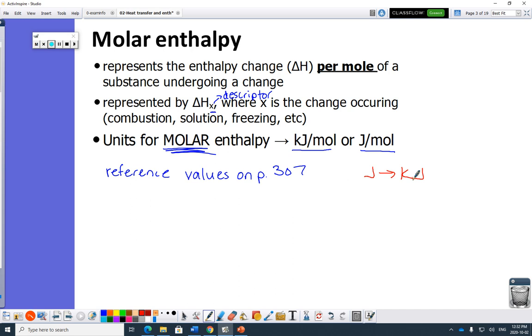If I don't say that and your answer just works out to be in joules, you can just leave it in joules, okay? But if you have to change it, then you do joules divided by 1,000 gets to kilojoules. And then vice versa. So if you have a question and you're given heat capacity in joules and the Q value in kilojoules or something like that, you have to make sure your units match.